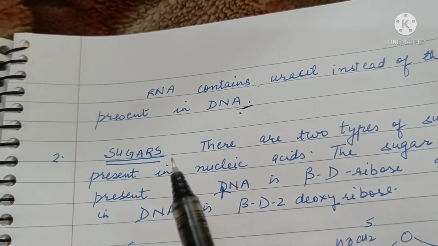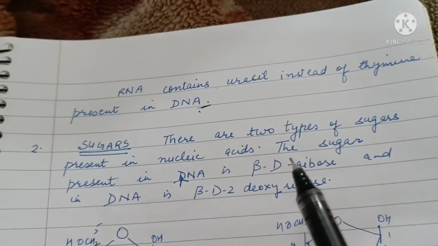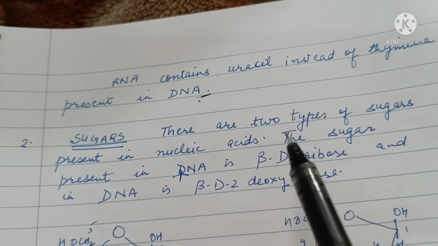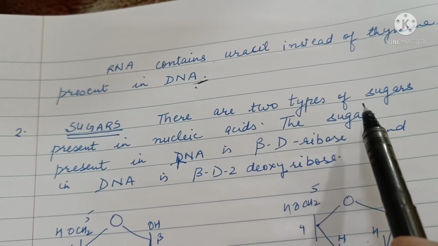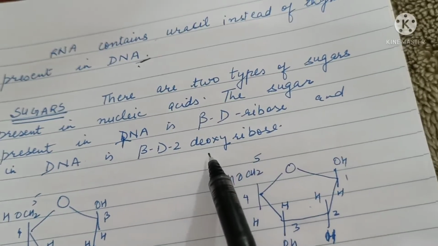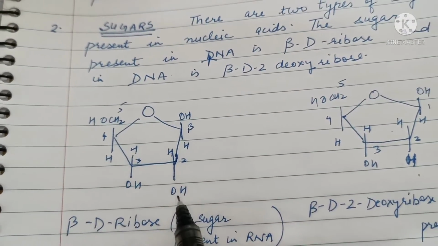Next is sugars. The sugar that is used is a 5-carbon sugar. In case of RNA, the sugar is ribose sugar, whereas in DNA it is beta D-2-deoxyribose. So this is the beta D ribose sugar present in RNA.